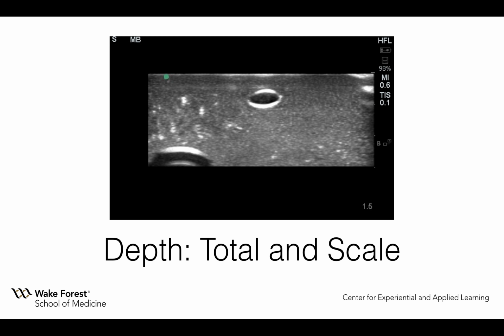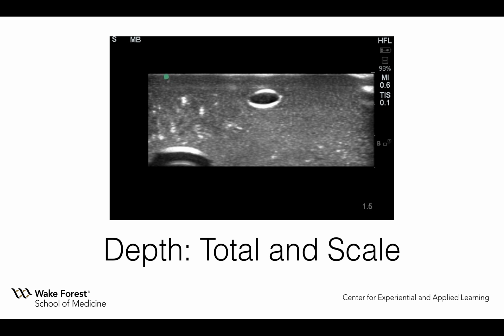Now, when we're setting our machine and image up to do an ultrasound guided procedure, it's important to understand how we'll be able to determine how far into the patient's tissue to go with the needle. To do that, we need to know how to read the depth information off the ultrasound image. So in this particular image, the depth is this 1.5 that shows at the bottom right hand of the ultrasound picture. Also, all machines will have some sort of a graduated scale along the edge of the image to give you depth information.